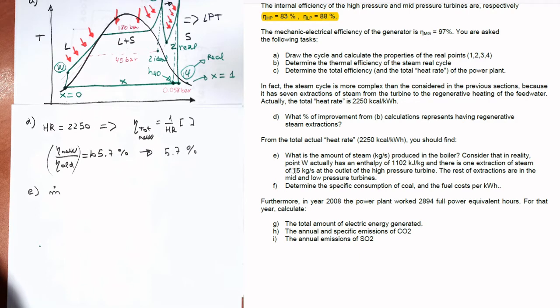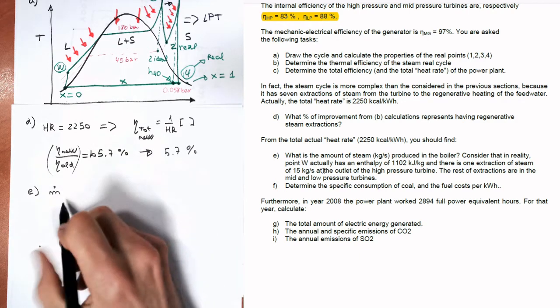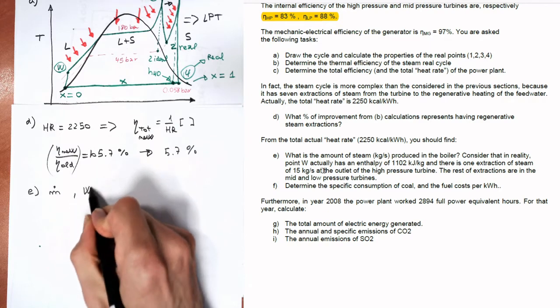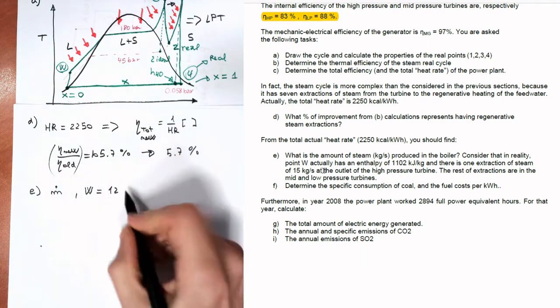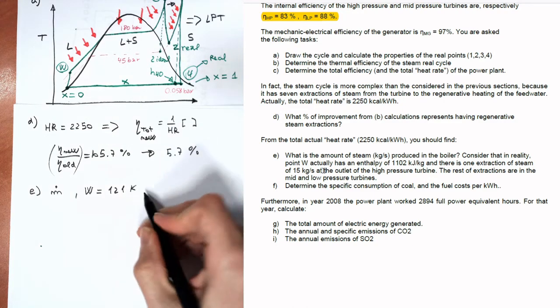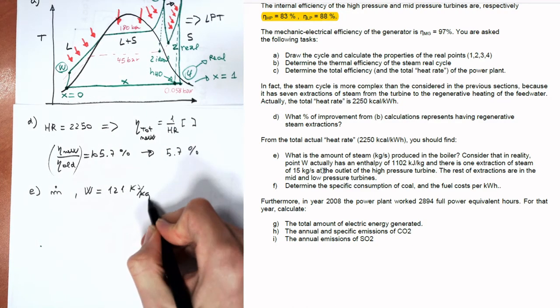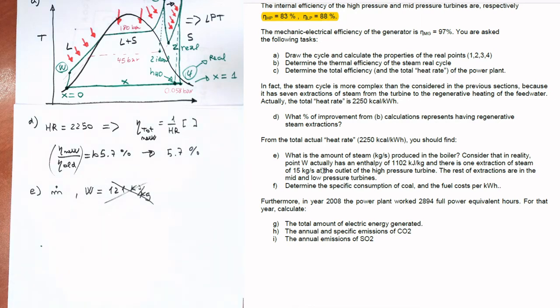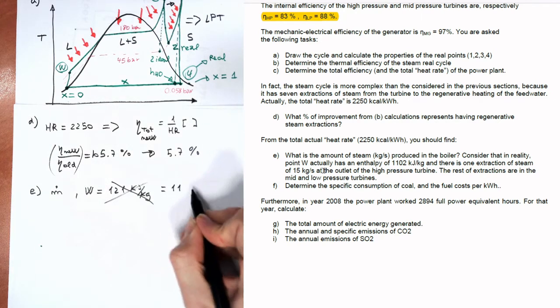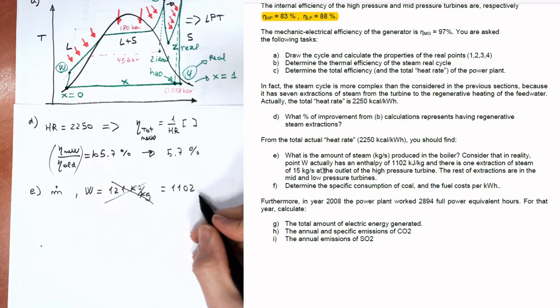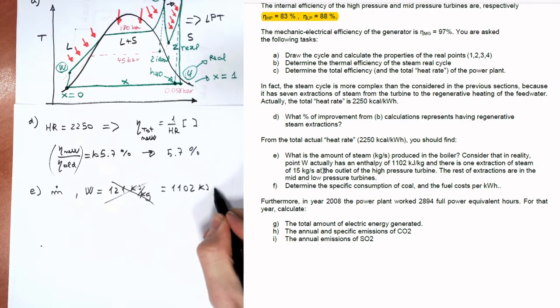Considering that in reality point W actually has an enthalpy different from before, point number W was 121 kilojoules per kilo, but it says that it's not that value. The real point is much more, 1002 kilojoules per kilo.